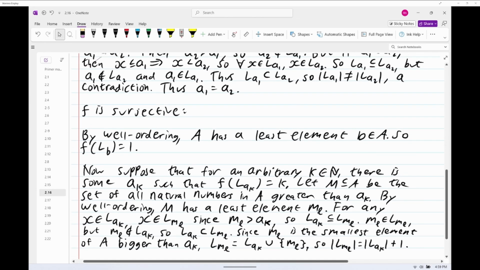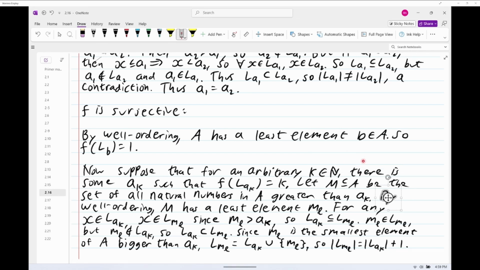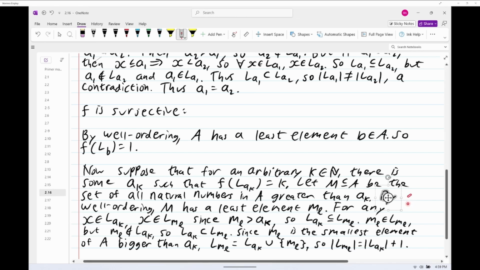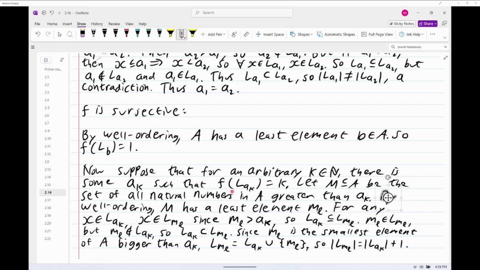Now suppose that for some arbitrary k in the naturals, there is some ak such that f of LAk is equal to k. This is the induction hypothesis. I want to show that then there is some ak plus 1 such that f of LAk plus 1 is equal to k plus 1. Okay, that's me showing that one domino knocks over the next one.